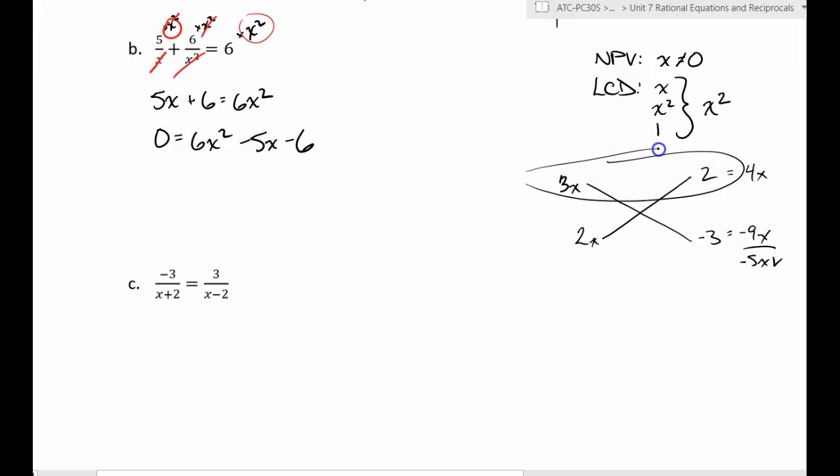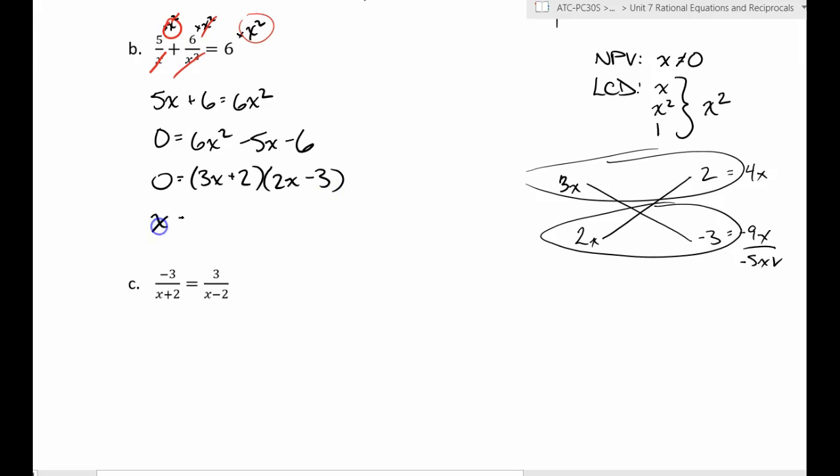So these are going to be my factors. And so x will equal negative 2/3 and positive 3/2, neither of which are 0. That will be my solution. And again, we can check our answer by plugging back into the equation.